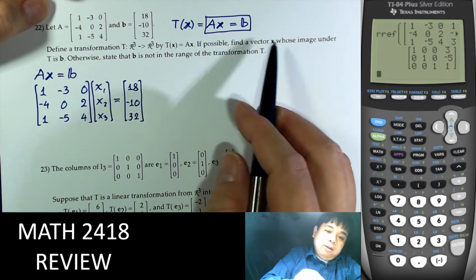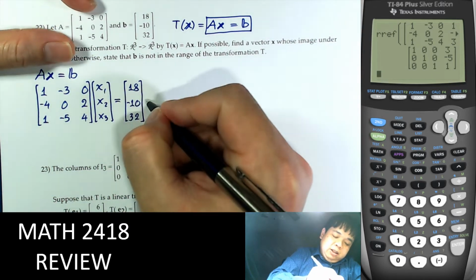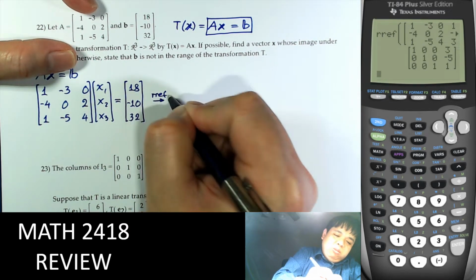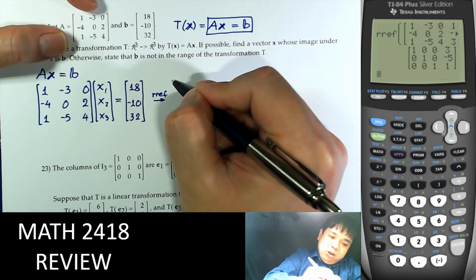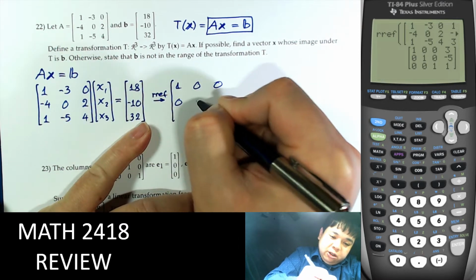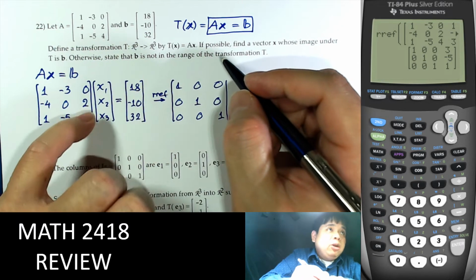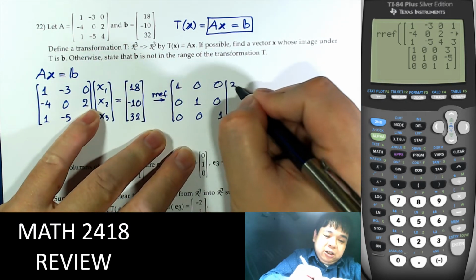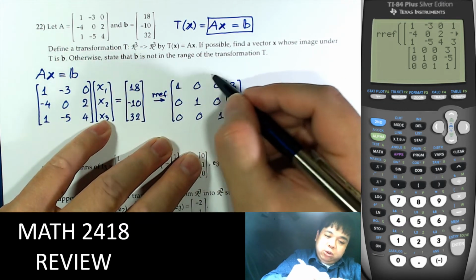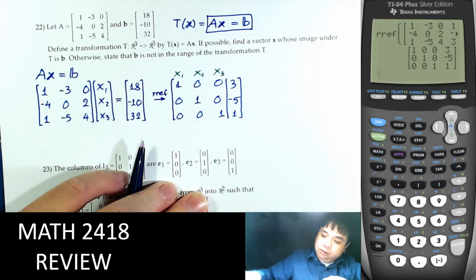So let's find the vector X whose image under T is B. So yeah, that's what we have. So just say reduced row echelon form. Of course, we know that we can put this in the augmented matrix easily, but just say 1 0 0, 0 1 0, 0 0 1. And when we do this, again x1, x2, x3 for each column, and the pivot.